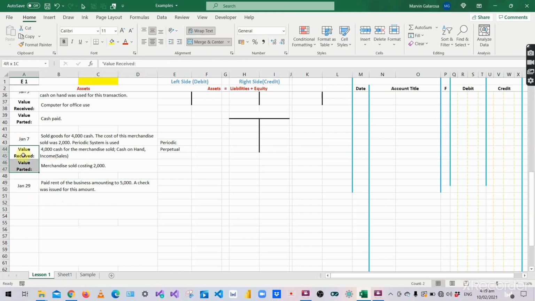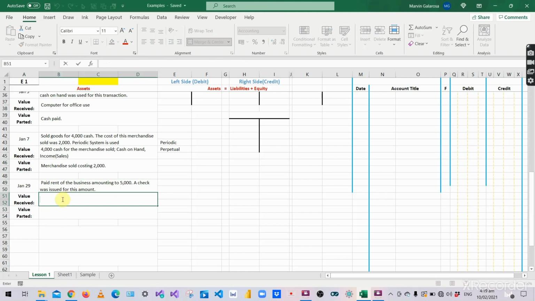Ano yung ating value received and value parted? Ang value na na-receive natin is yung use of premises where the business is situated.